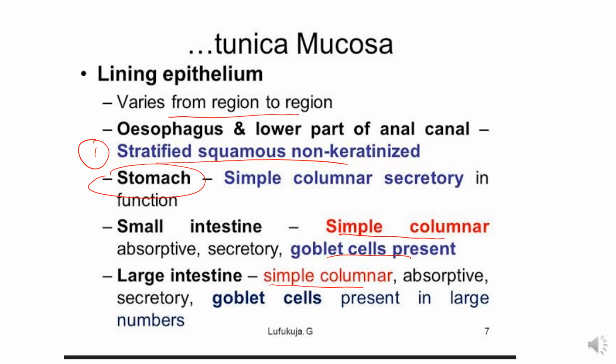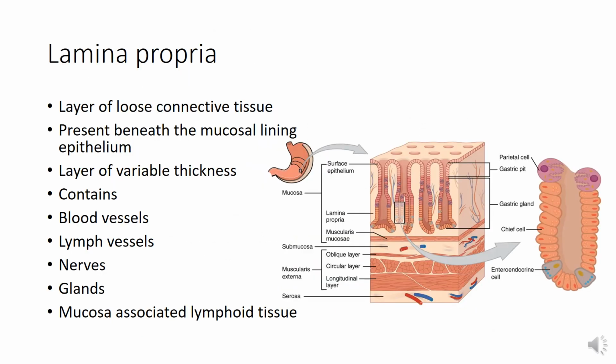Okay. So, lamina propria, as I have told you, the epithelium is always associated with an underlying layer of loose connective tissue, and the layer of the lamina propria varies in thickness in various parts of the GI tract.